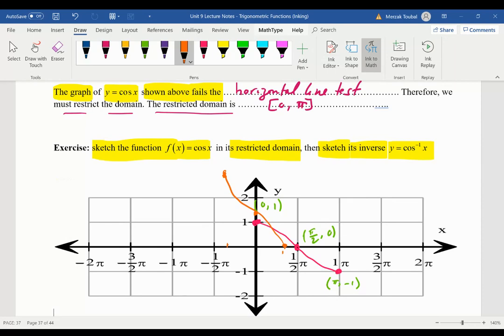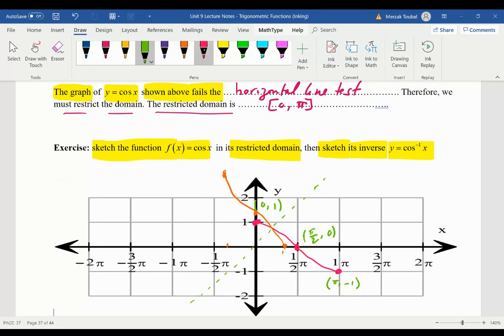And you notice that my graphing is not that bad, because you could see that there is a reflection over the line y equals x between the orange curve and the red curve. Now what is the domain of cosine inverse?